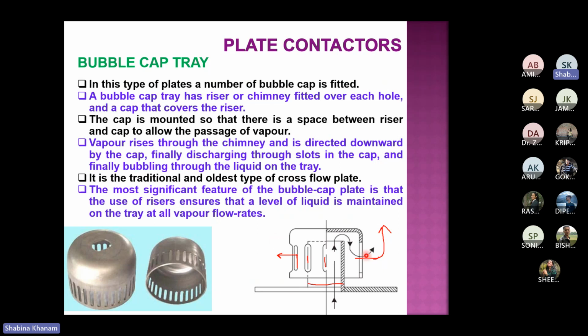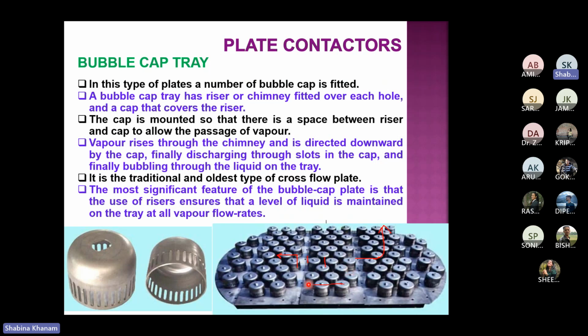Otherwise not, because you can understand the bubble cap tray looks like this. It has fewer holes, and because of these bubble caps, the manufacturing cost of this tray is very high in comparison to sieve plate. Therefore it should not be used unless it is mandatory, and that mandatory part will come when I'm dealing with a very low vapor flow rate.